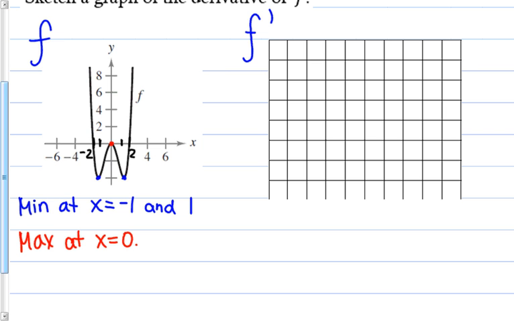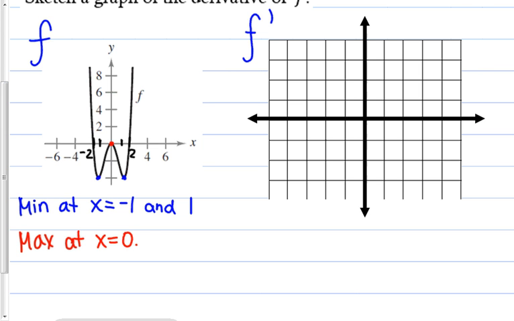So what you do, first of all, set up the graph. Okay, so that's what I meant by set up. Do the axes, and each box is going to be 1 unit. I'm not trying to complicate this. Since these are my mins and my maxes, this is where my derivative, f prime, is going to equal 0.